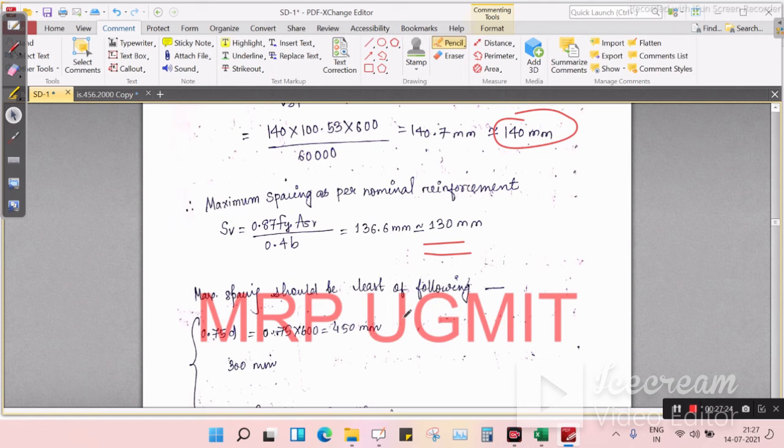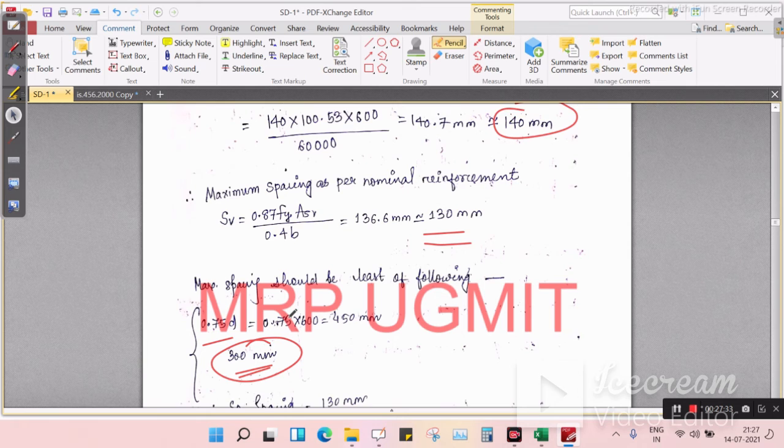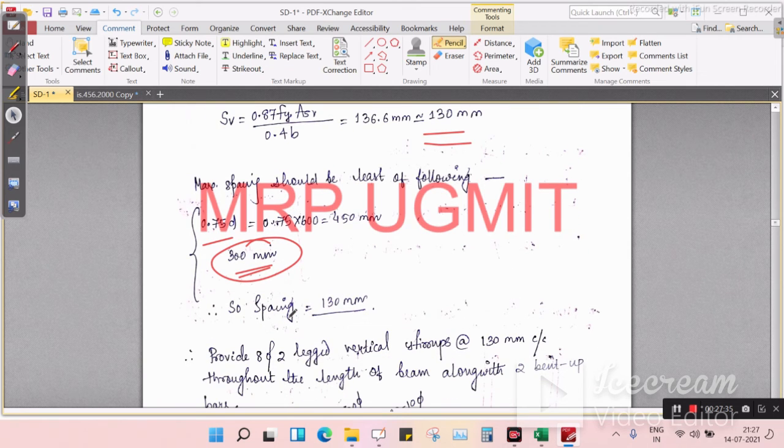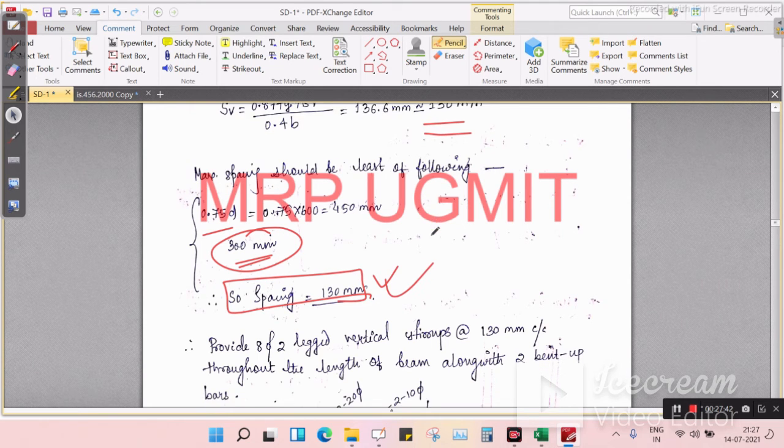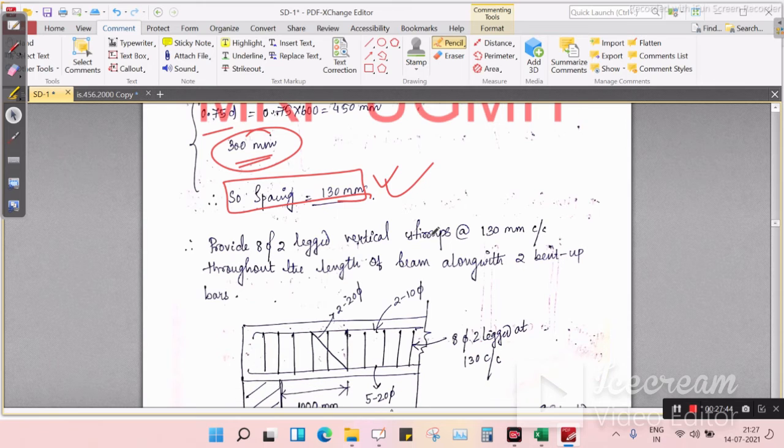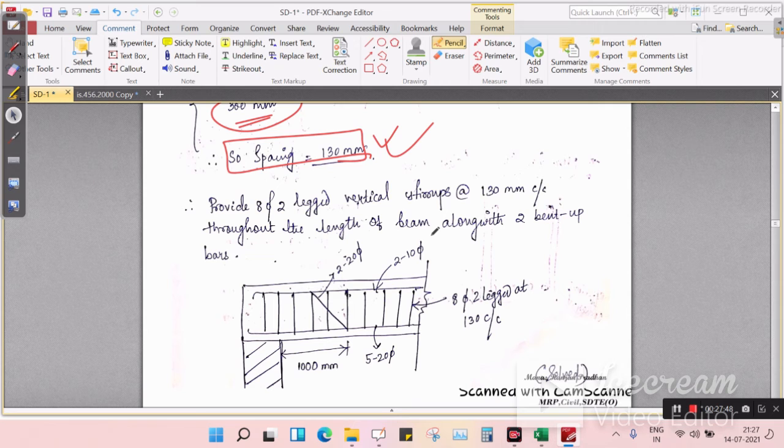So maximum spacing should be the least of the following: 0.75 D or 300, that is, the maximum spacing should be less than 300 mm. So spacing is 130 mm. Okay, so we have to provide 8 mm diameter bar, 2 leg vertical stirrup at 130 mm center to center throughout the length of the beam along with 2 bent top bars.